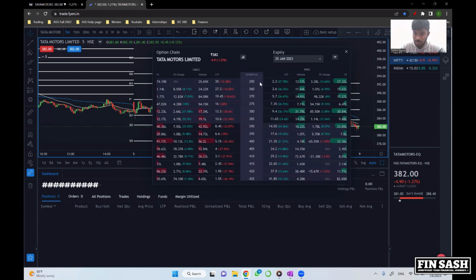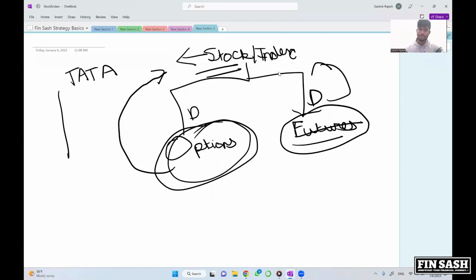And there's something called the strike price here, which is the value of the stock. There are a bunch of strike prices, and there's also the last traded price for the option, right? And do you notice that it's way below the original value of the stock? So that's the derived value, right?